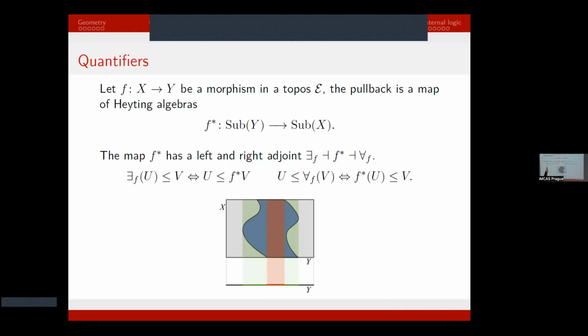What this means, for exists, is we take a space, the blue one for instance, and we want to find the smallest element such that its pullback contains entirely U. It means it's a space in here such that its pullback must contain the whole of it, and it must be the smallest, so it's the green.